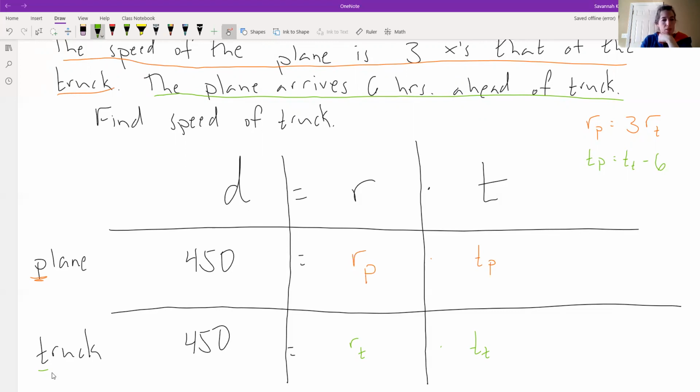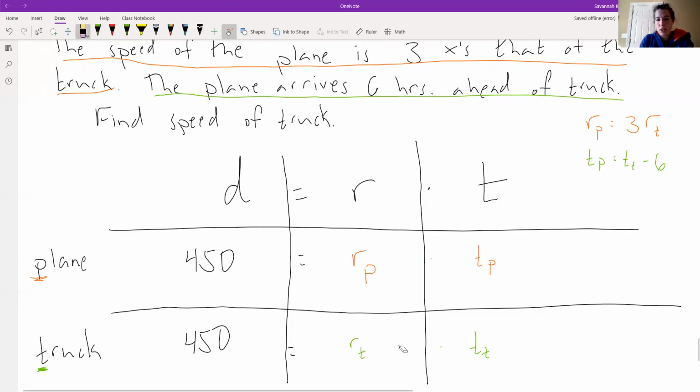Let me stop talking for a second, make sure I've got that underlined. Okay, so rate of plane, time of plane, rate of truck, time of truck, but let me go back here. The RP and the TP can very naturally be replaced.